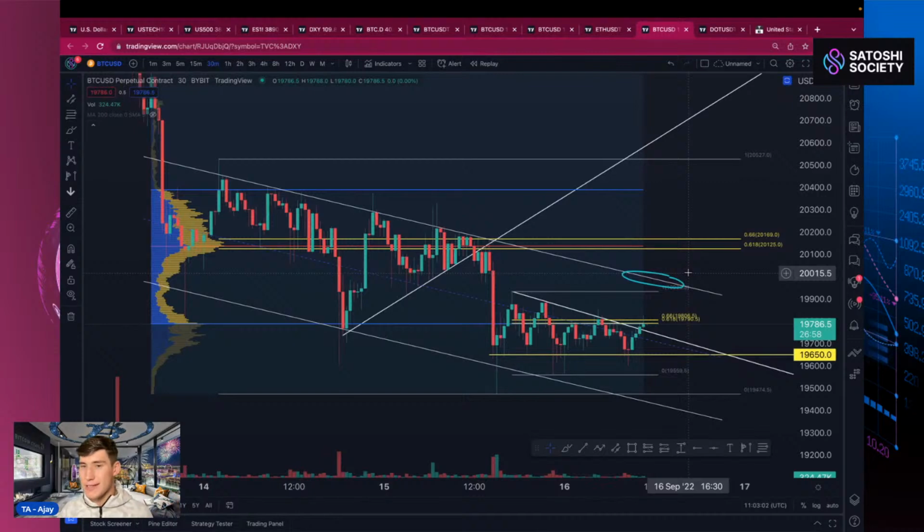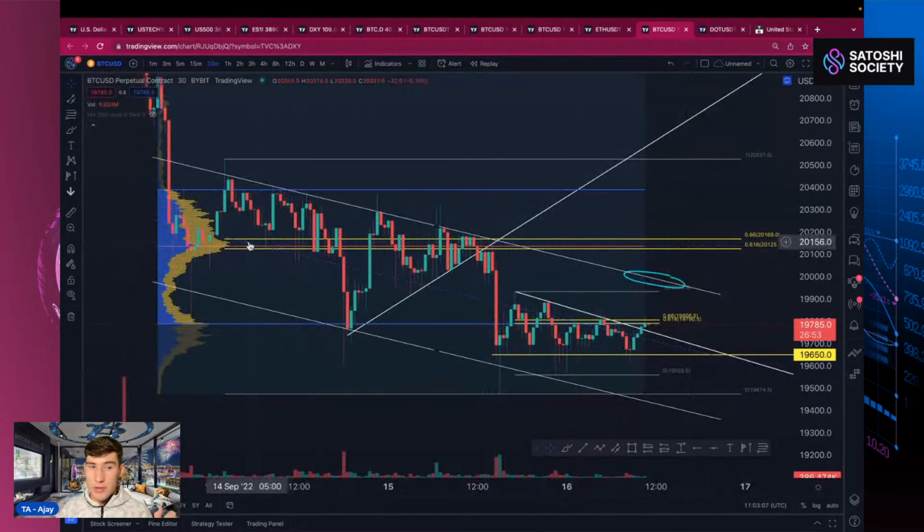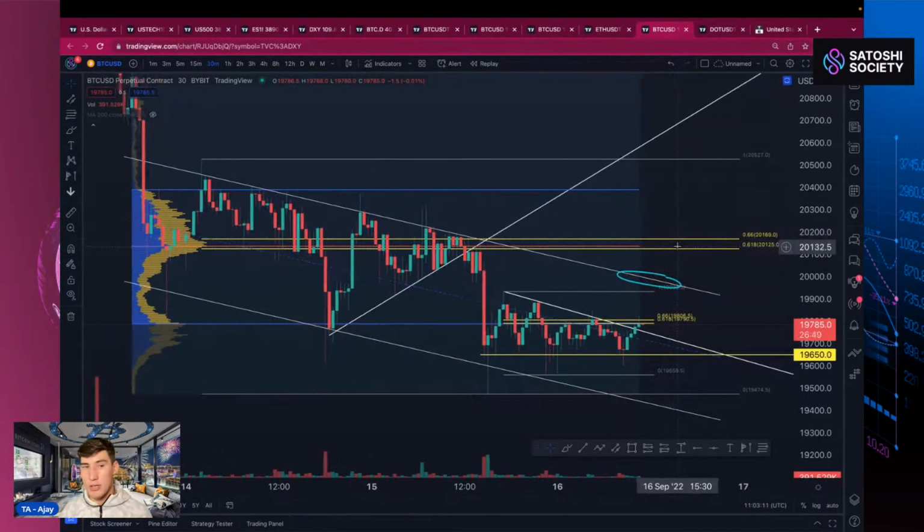But we do have resistance at this golden pocket here, which also lines up perfectly with the point of control of this range that we have been in on this 30-minute chart since sort of the 13th of September. So the point of control and the golden pocket are lining up perfectly, giving us confluence of a very strong resistance level.